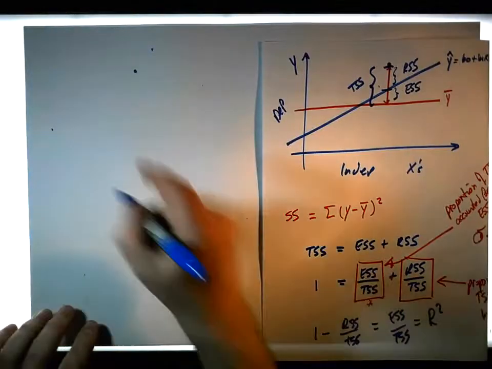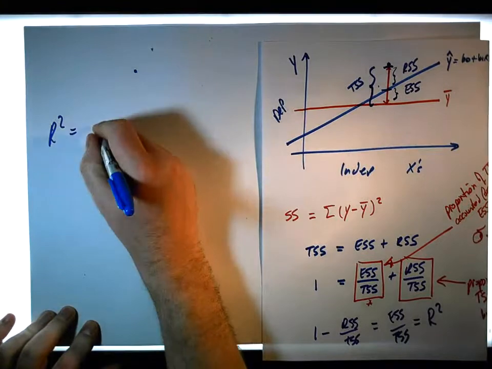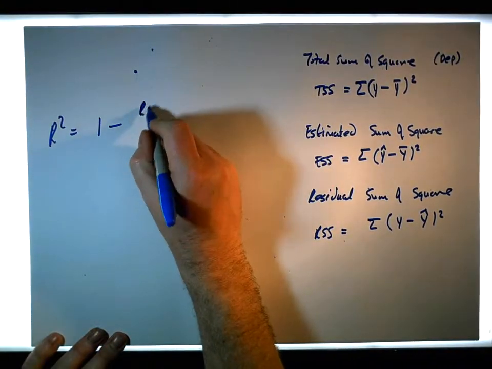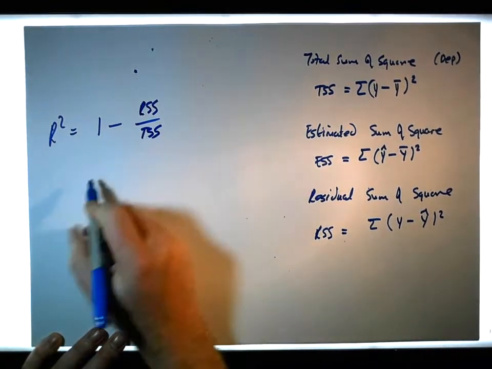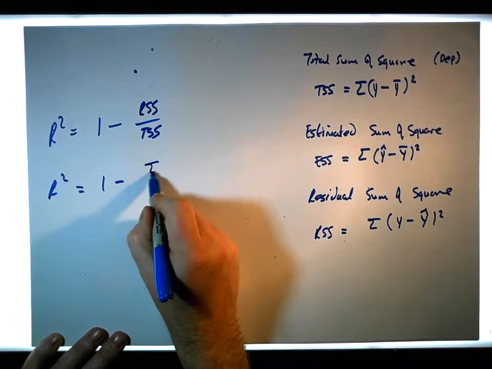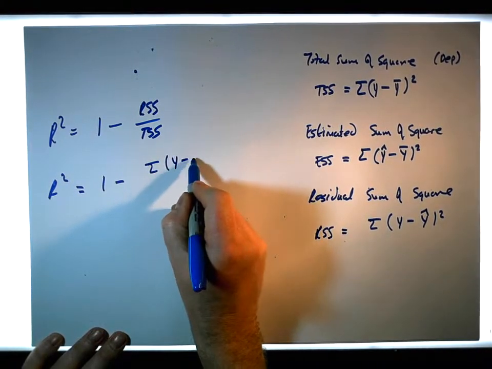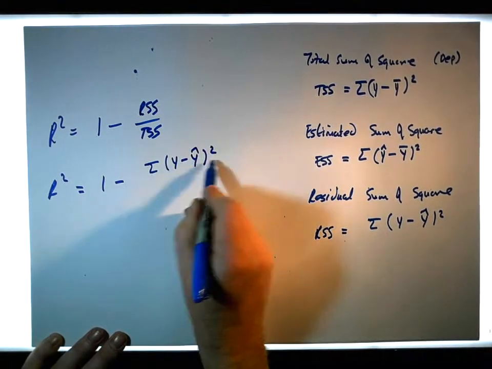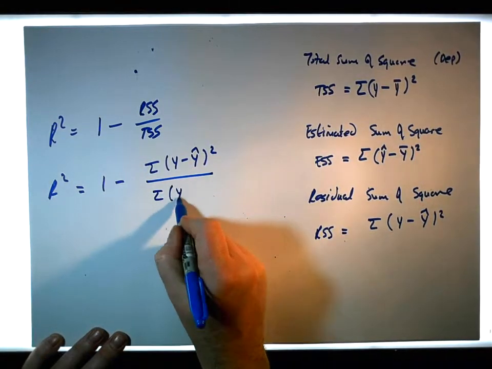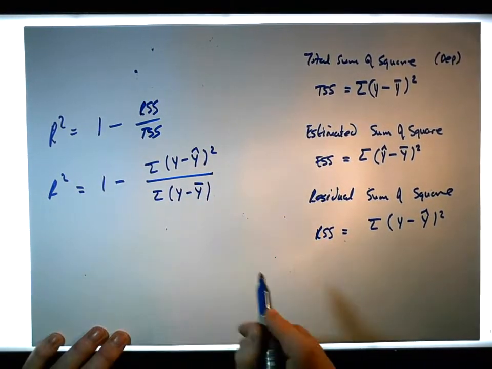R squared is simply equal to 1 minus the residual sum of squares over the total sum of squares, which gives us r squared as 1 minus the sum of the y's minus the y hats, which are the estimated values, squared, divided by the total sum of squares, which is the sum of the y's minus the y bars, squared.